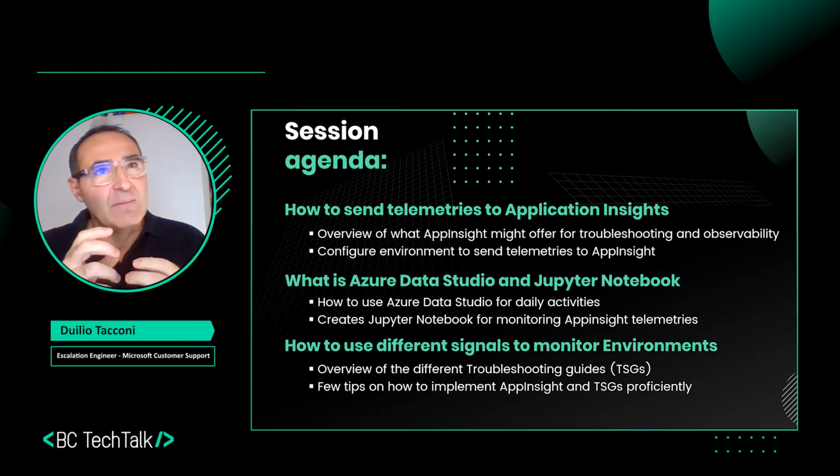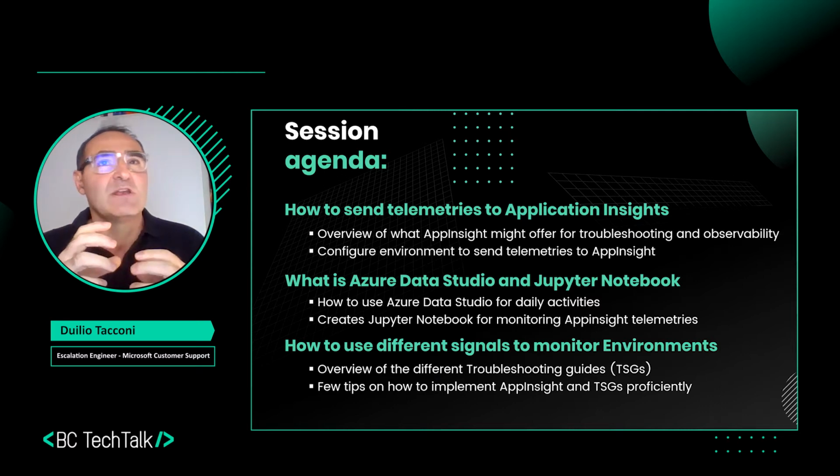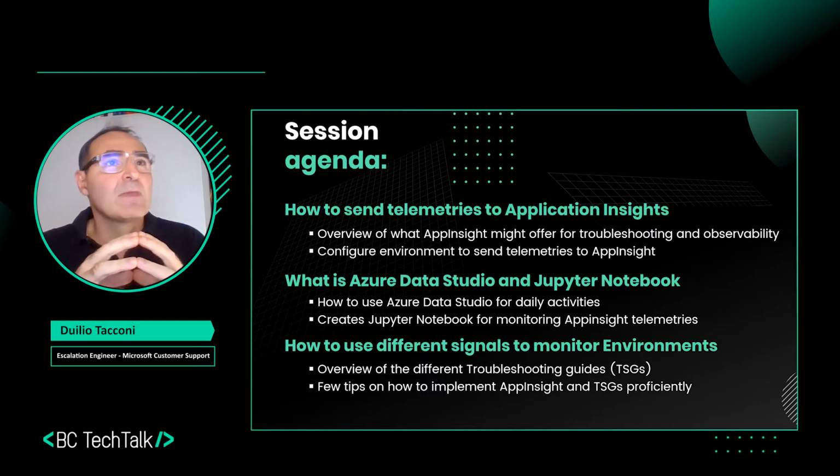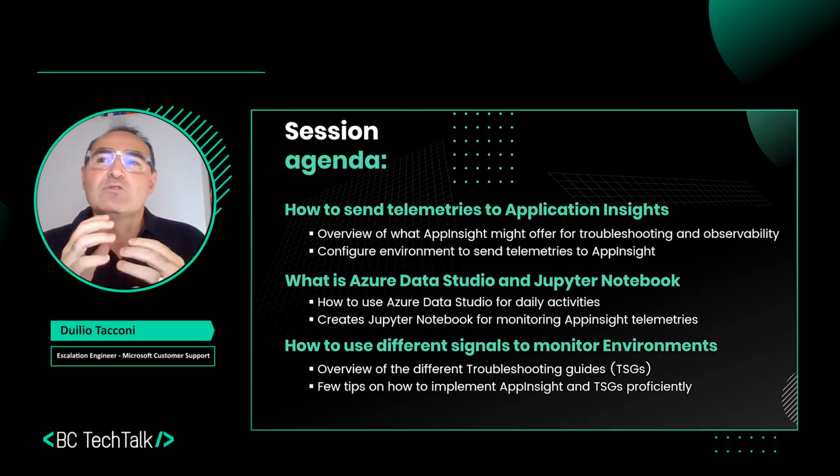Once we are familiar with this powerful analysis suite, we will add more flavors and arrows to our troubleshooting quiver: Azure Data Studio and Jupyter notebooks. Within Jupyter notebooks, we will end our journey by checking different troubleshooting guides, also known as TSGs, and how to use them proficiently in our daily work together with the App Insights features.